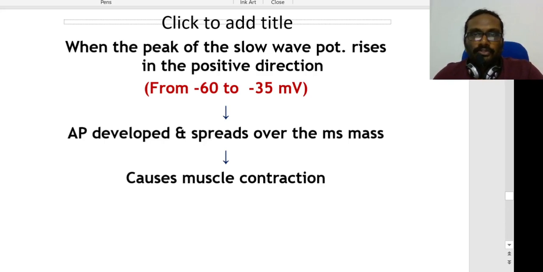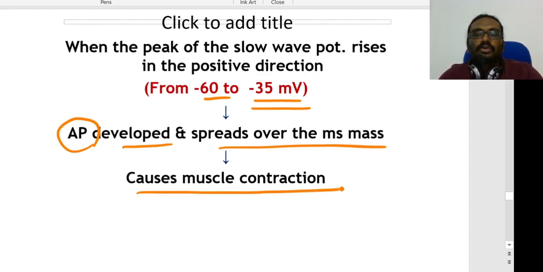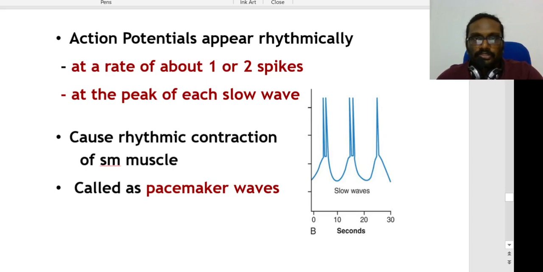So when the peak of the slow wave potential rises in the positive direction from -60 to -35, there your action potential develops and spreads over the muscle mass, and this is going to cause the contraction. That was the third type of potential which develops.